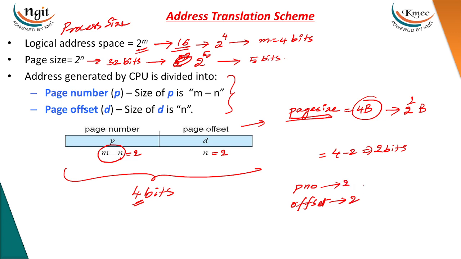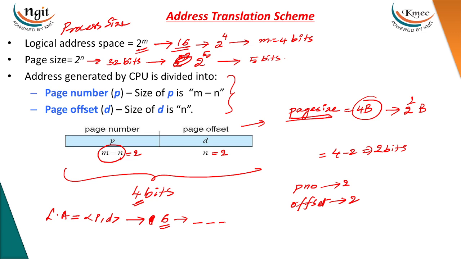Now, how do we convert a logical address to a page number and offset? Let's take a simple example, 6. If you take the logical address value 6, what is the 4-bit representation of 6?